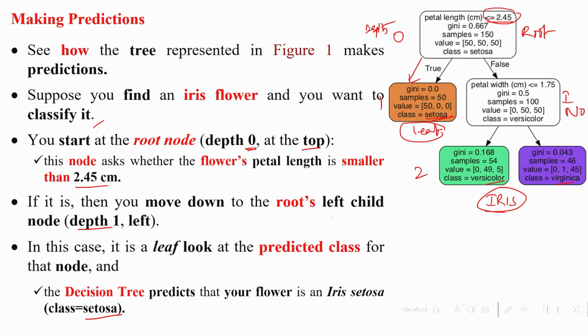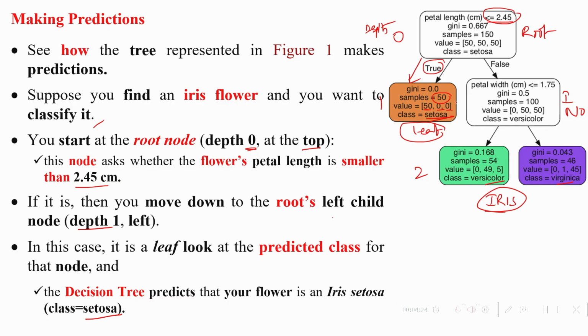Here the petal length is less than or equal to 2.45, so this condition is true, and the number of samples that satisfy this condition is 50. All 50 elements belong to Setosa only. That means 50 belong to Setosa, 0 belong to Versicolor, and 0 belong to Virginica.